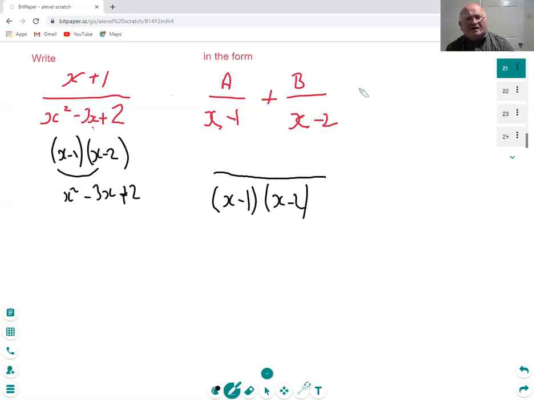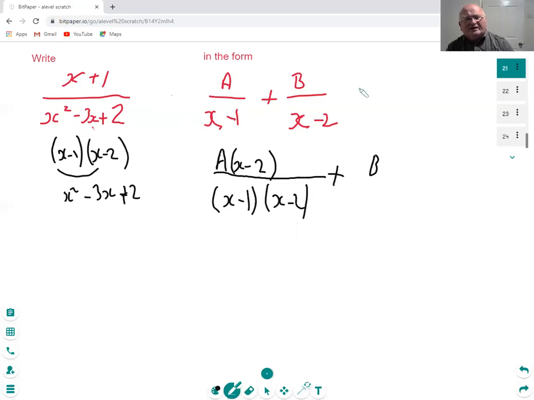So, how do we make the a over x minus 1 part of this fraction? Answer, we multiply the top and bottom by the same thing, x minus 2. So, a(x - 2). I'm keeping them separate for the time being, because then we can see exactly what we're doing.